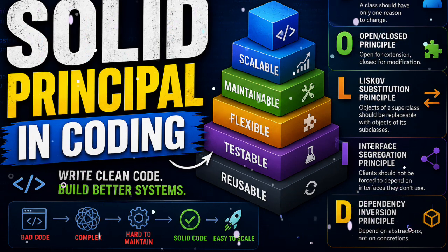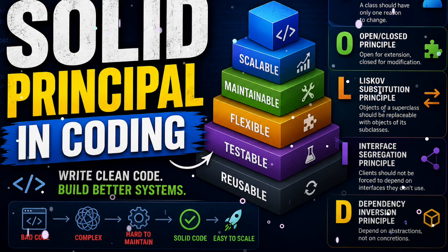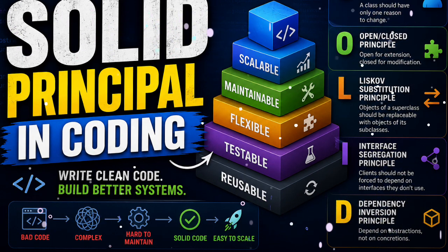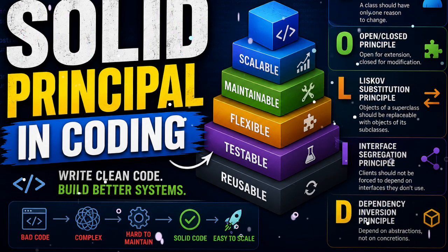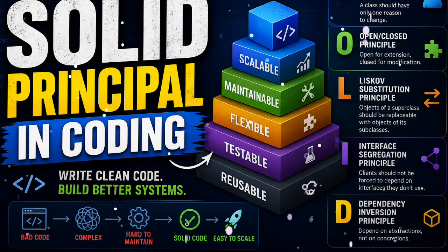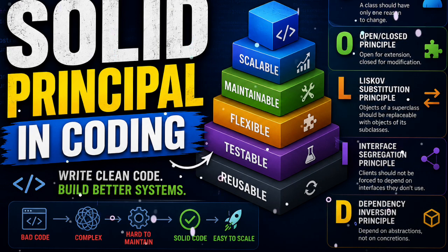We create document parser service. Its job, extract information from documents. Embedding service. Its job, create vector embeddings. Vector repository. Its job, store and search vectors. LLM service. Its job, communicate with language models. Memory service. Its job, manage conversation history.